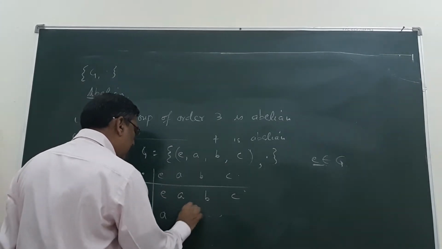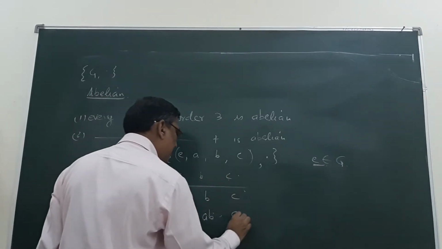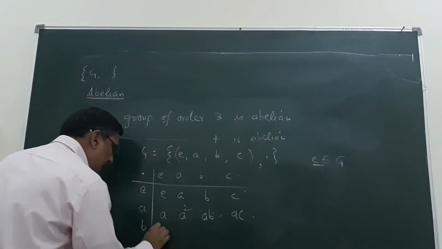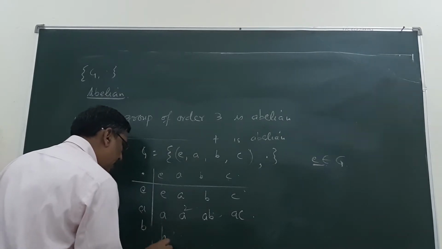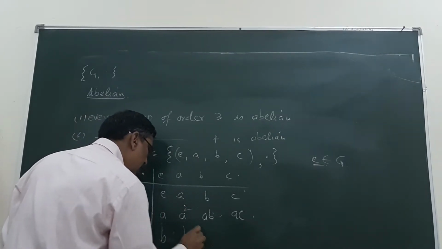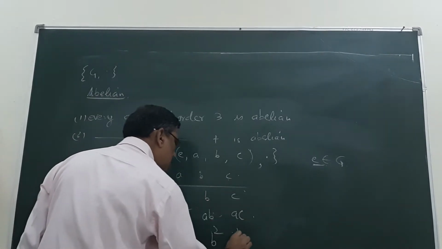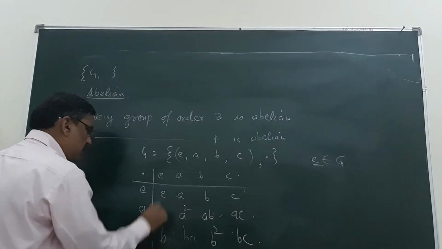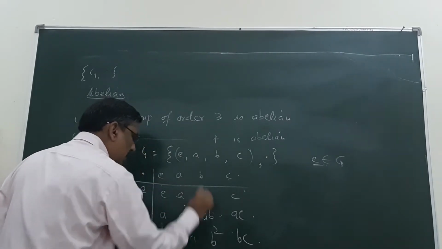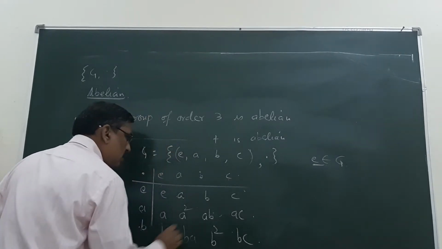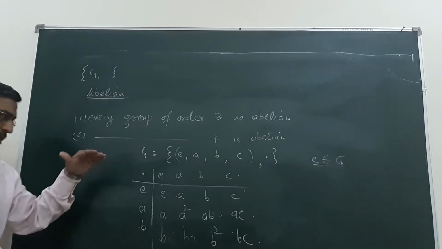Then a square, ab and ac; be means b, ba, b square and bc; ca, cb, c square.